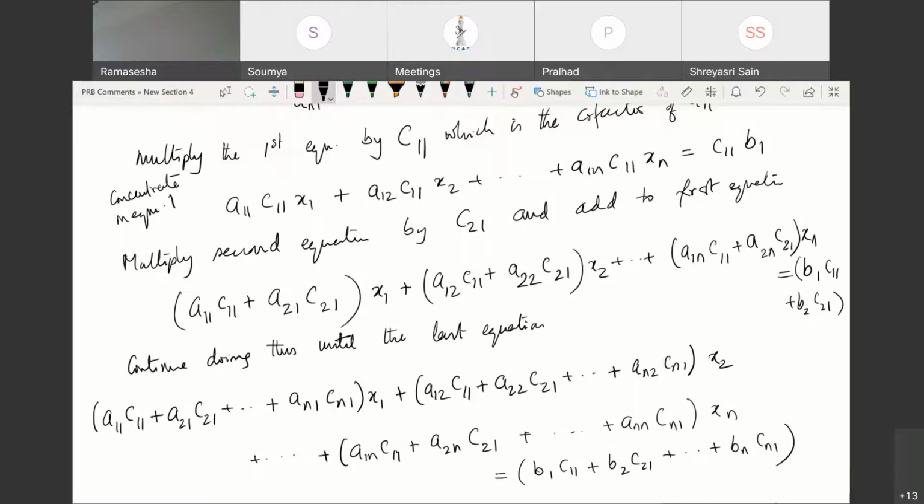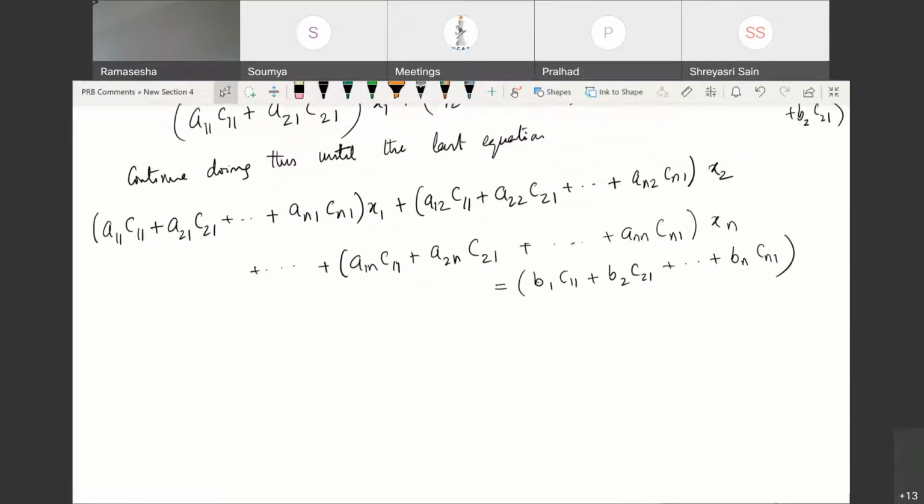Now, we will invoke the theorem: sigma over k of Akj Ckl is equal to determinant A times delta 1j. Correct?